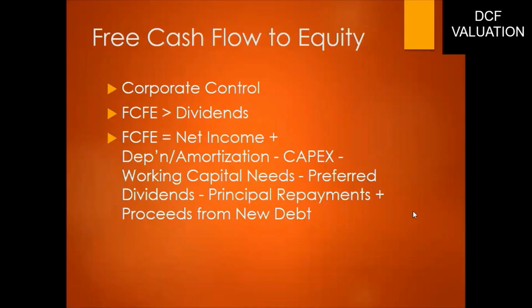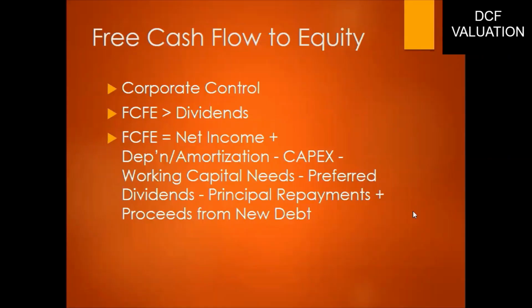So when do we use the free cash flow to equity model? One, if there is a struggle for corporate control. Why? You cannot rely on dividends if there is an ongoing struggle for corporate control.